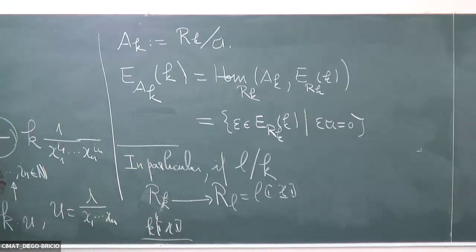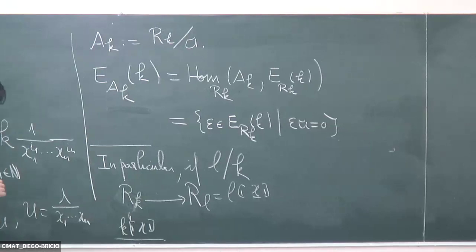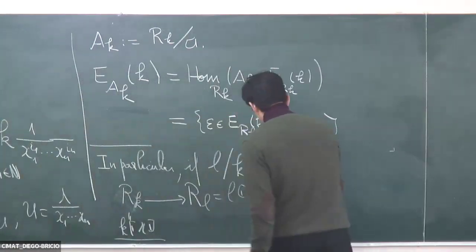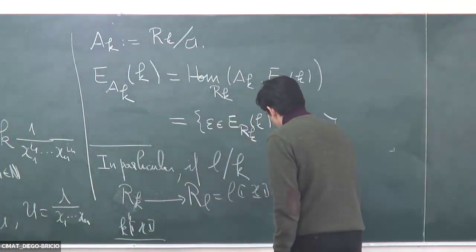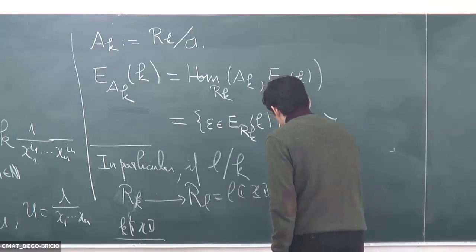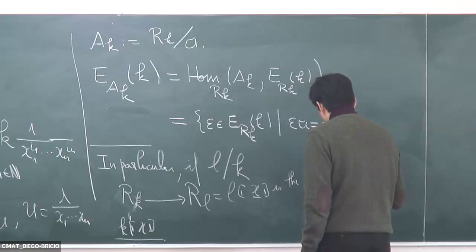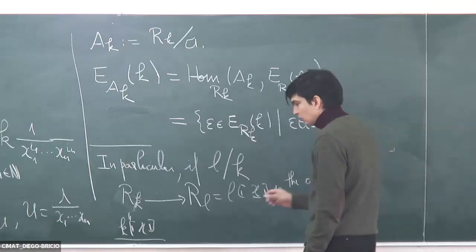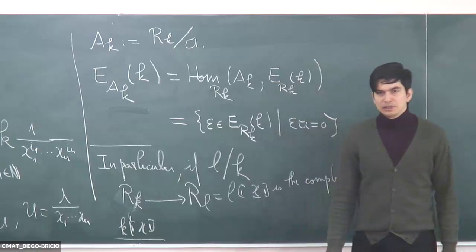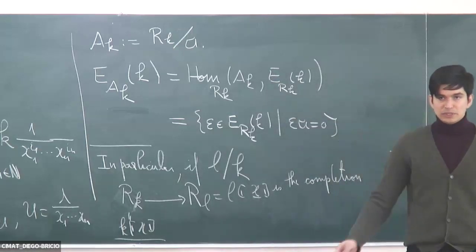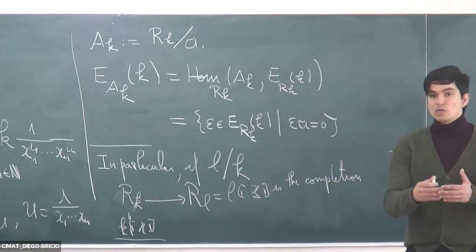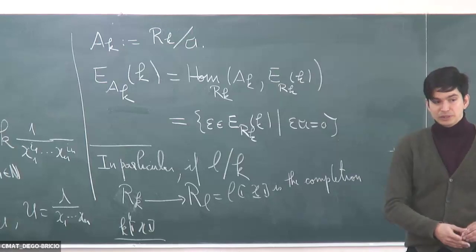So how do you define that map properly? What is that map? This map here, by definition, is the completion. The point I'm trying to make here is that it's not so obvious how you define maps from a power series ring.